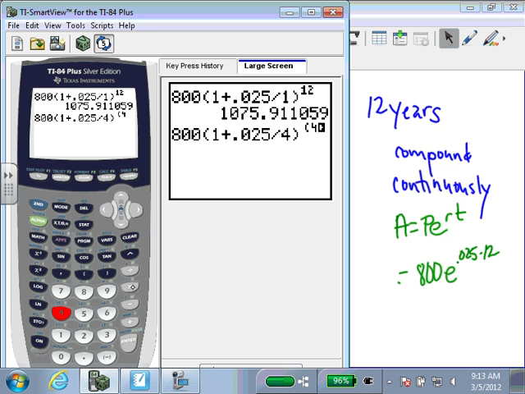Because there will be ones that you can't do in your head. Okay. So now we have slightly more money if we've compounded 4 times a year.